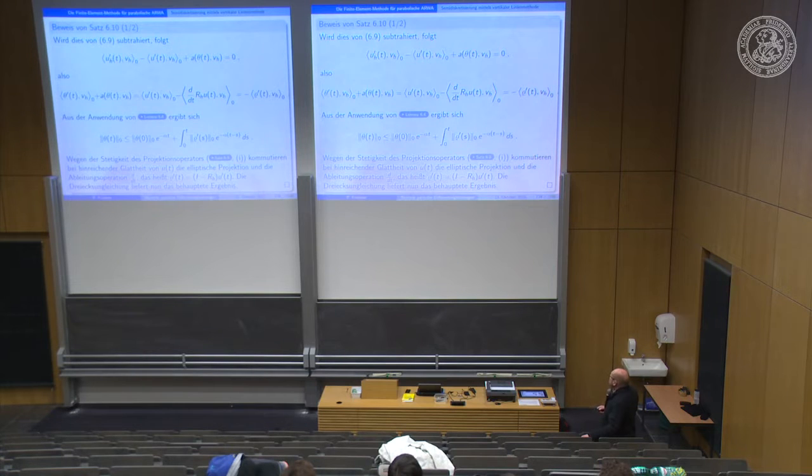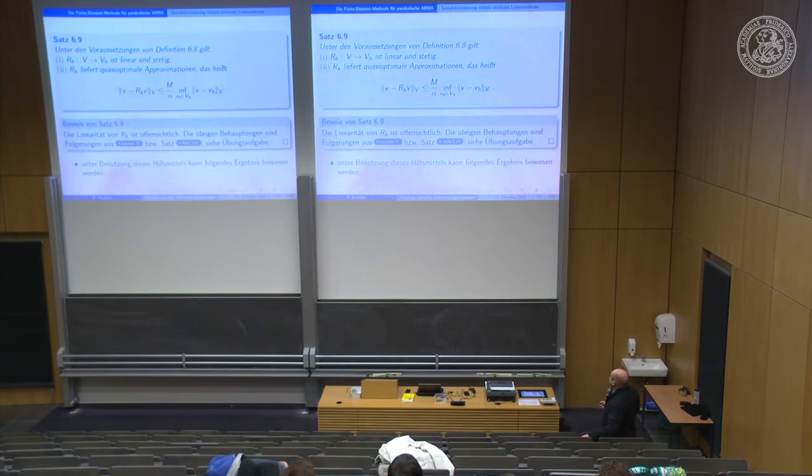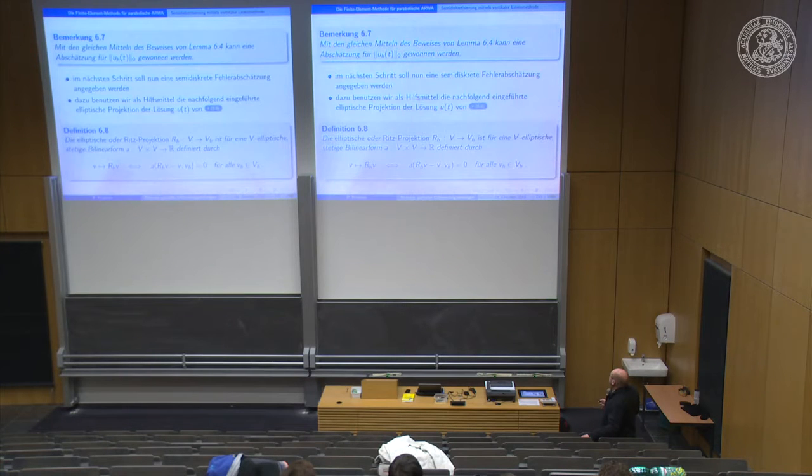What was the defining identity? Maybe we go back. Under the bilinear form A, for a discrete test function v_h, it is the same thing as A applied to the Ritz projection at v_h.